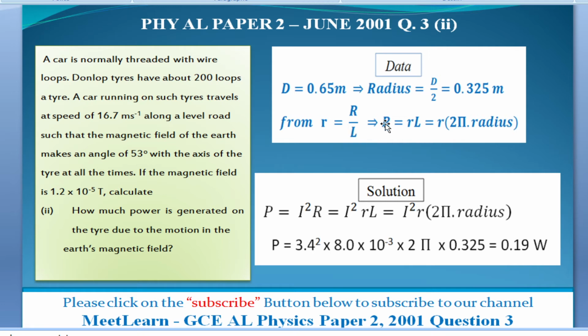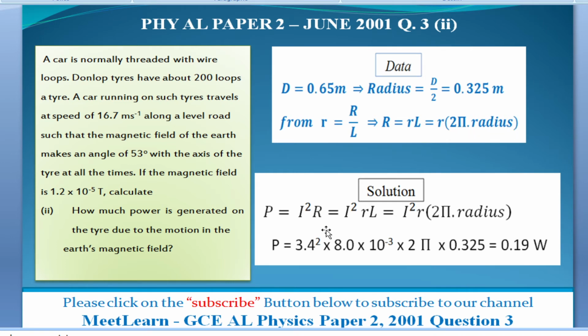So if we make the resistance the subject, we have resistance per unit length times the length. The length of this wire here is the same as the circumference, so we have 2 pi radius. So that gives us the length.